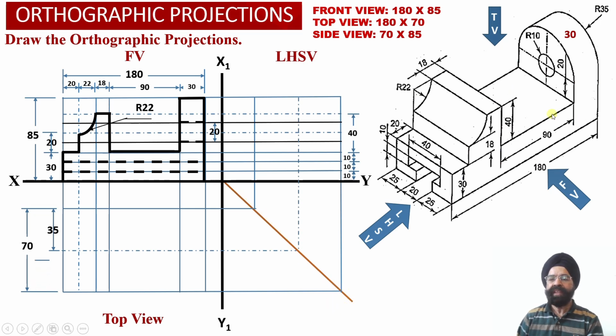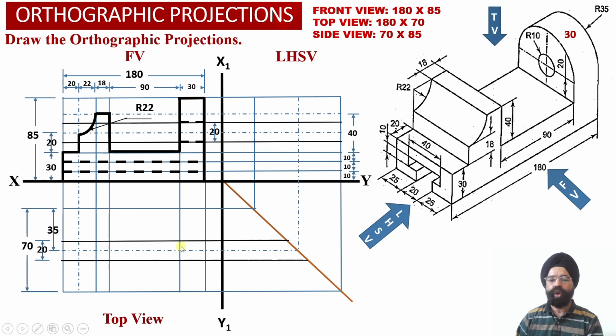Now we know that the distance of the base of this T slot happens to be equal to 20 millimeter. So we have marked this distance of 20 millimeter corresponding to the base of the T slot, and we must check it out over here. This distance of 20 millimeter corresponding to the T slot and this distance of 20 millimeter corresponding to the circular hole are going to overlap with each other in the top view projections.